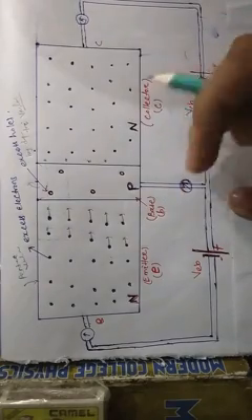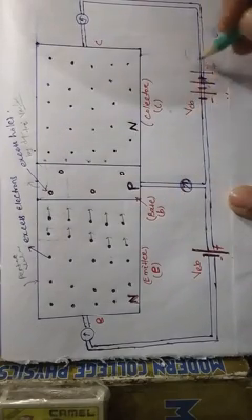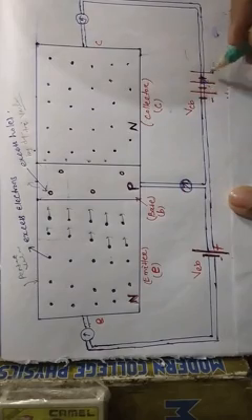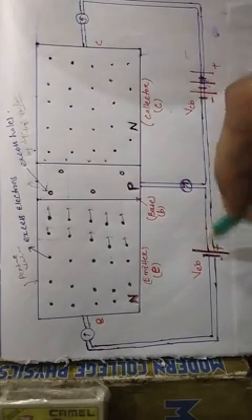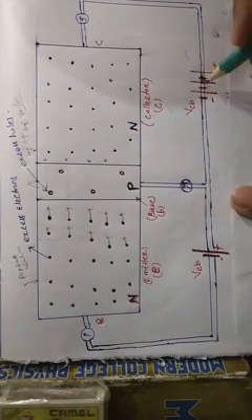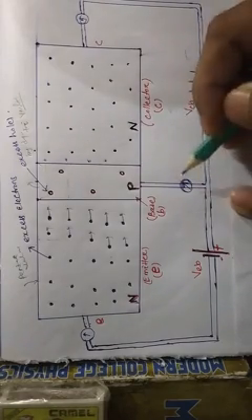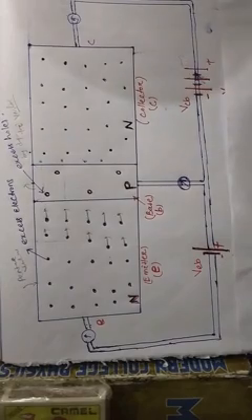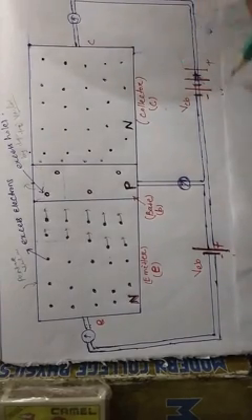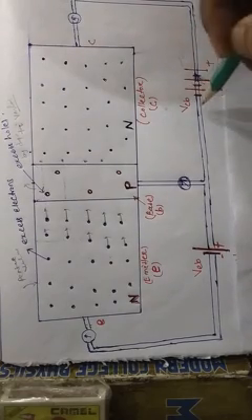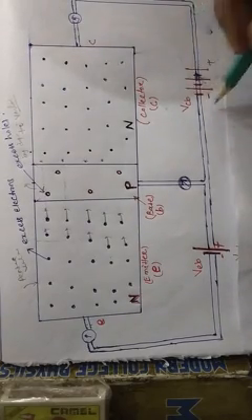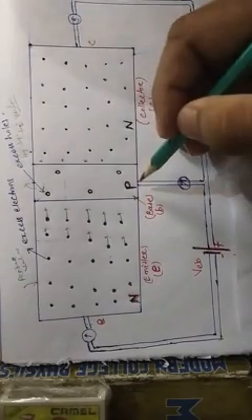Since this side is at a higher voltage, it is automatically in reverse bias: the so-called reverse bias of the collector and base.